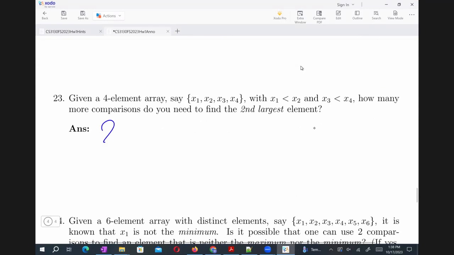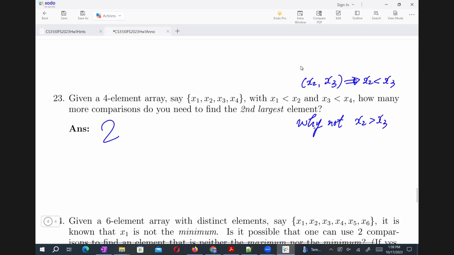23, two comparisons. Many of you give me one. One is for the best case. Why did those students give me one? They compare X2 and X3 and they tell me X2 less than X3. But think about why not X2 greater than X3?